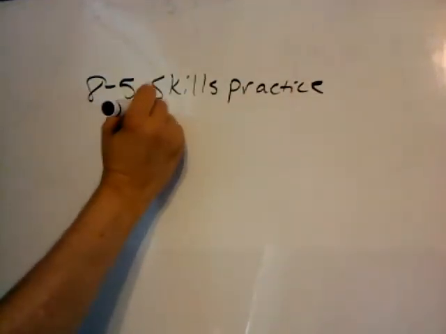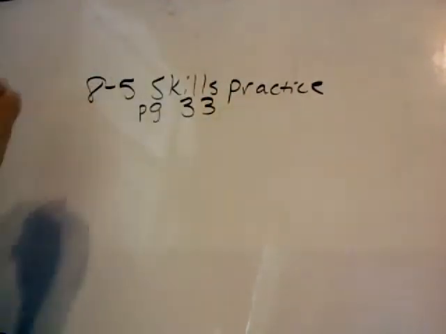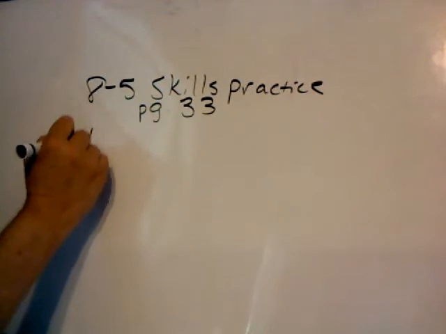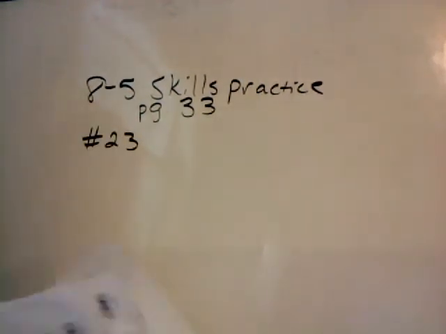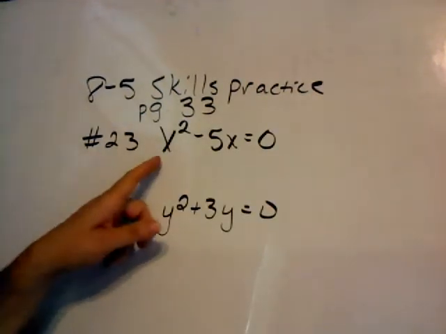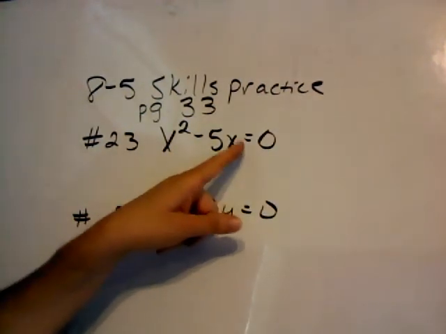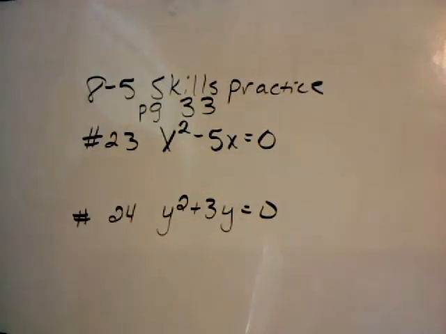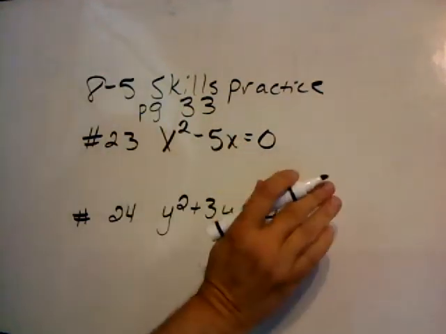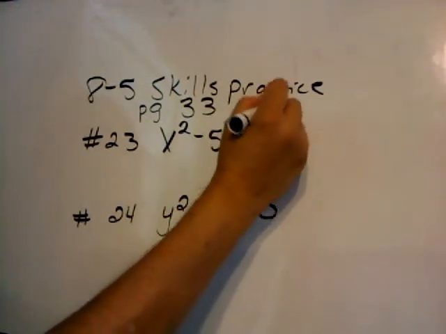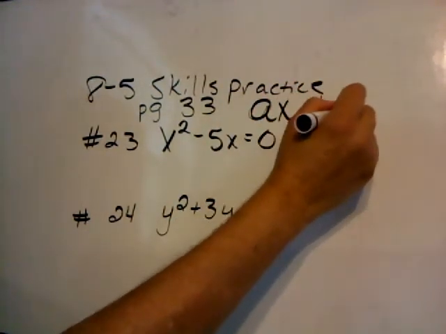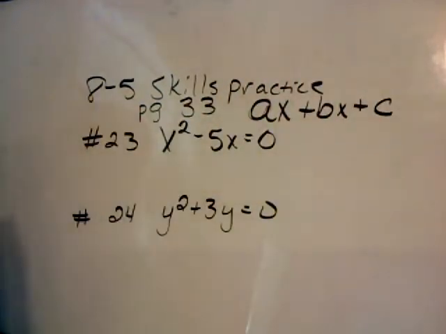Page 33. I want to go over number 23. Number 23 says x squared minus 5x equals 0. Whenever you're missing a part, remember our pattern was ax squared plus bx plus c.